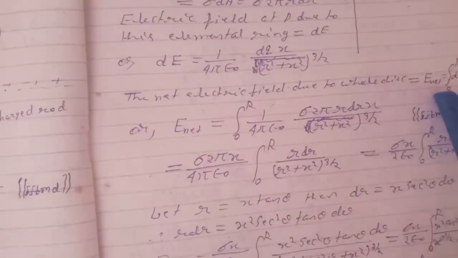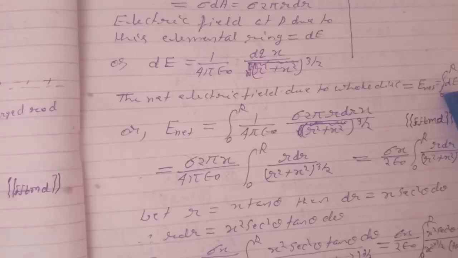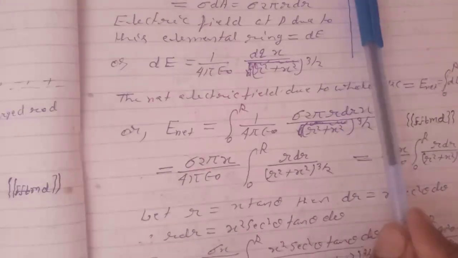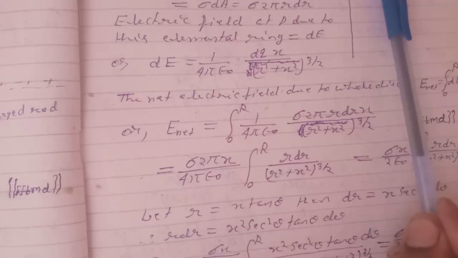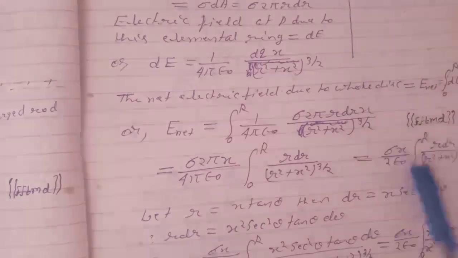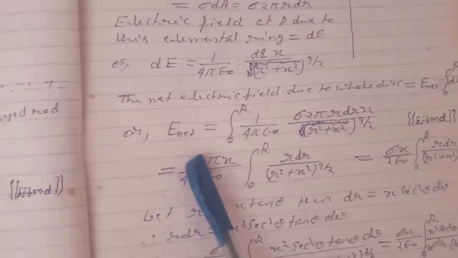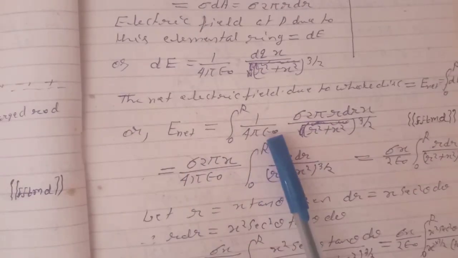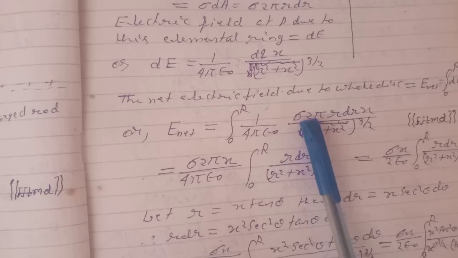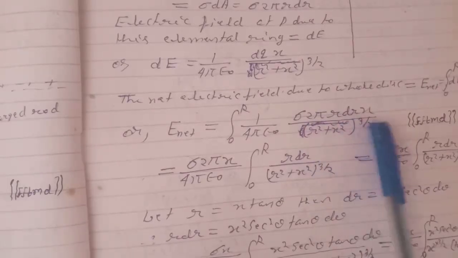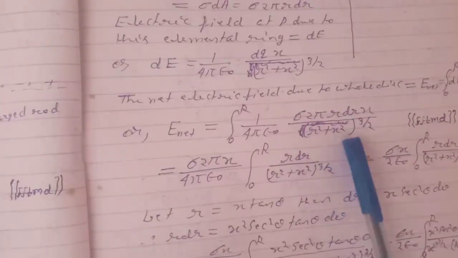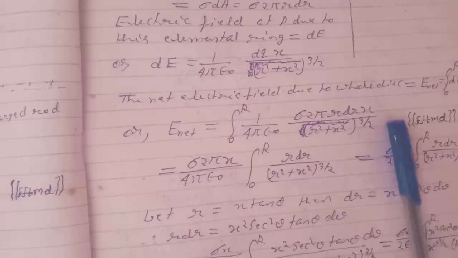Hence the net electric field due to the whole disk will be E net equals integral from 0 to R of dE, because one ring will be at 0 distance and the last ring will be at distance capital R. So E net equals integral 0 to R of 1 by 4 pi epsilon naught, with dq equal to sigma into 2 pi r dr, so sigma into 2 pi r into dr into x divided by (r square plus x square) to the power 3 by 2.